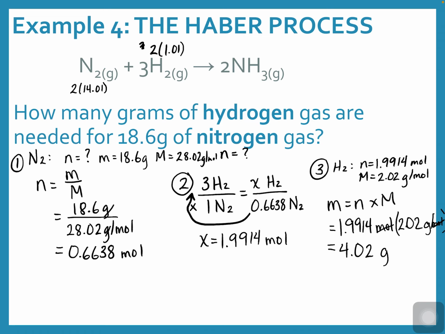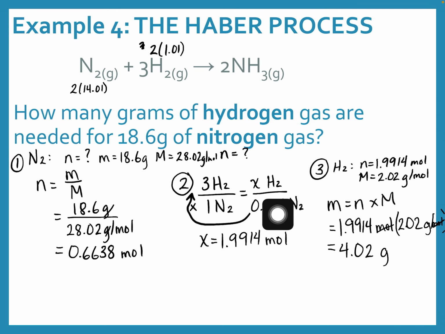So this does it step-by-step, converting the mass you have into a number of moles for that substance. Then in step 2, using your mole-to-mole ratio from your balanced equation to solve for your number of moles of the other substance you are looking for, and then converting that number of moles for the second substance into a mass using its molar mass.